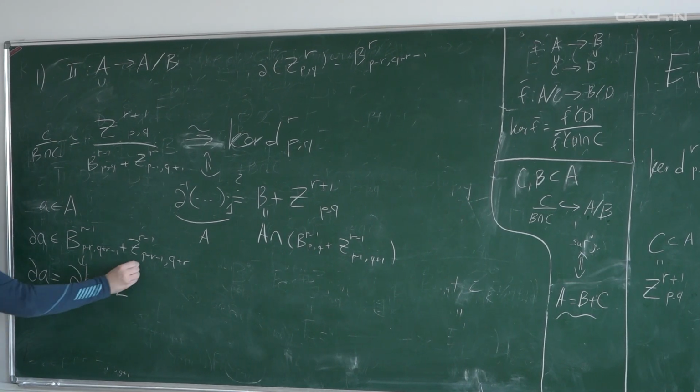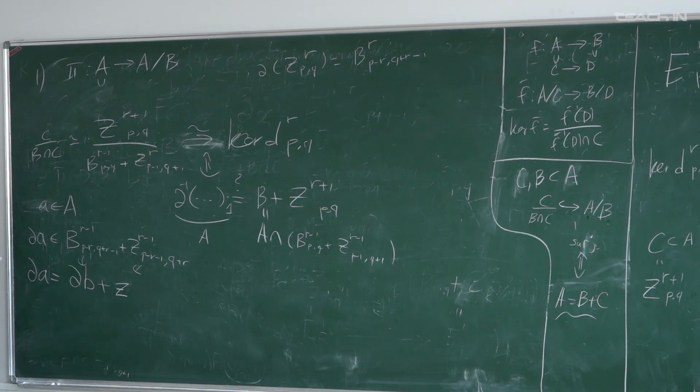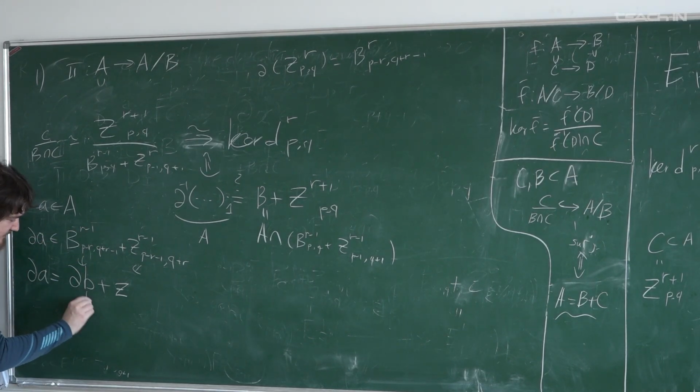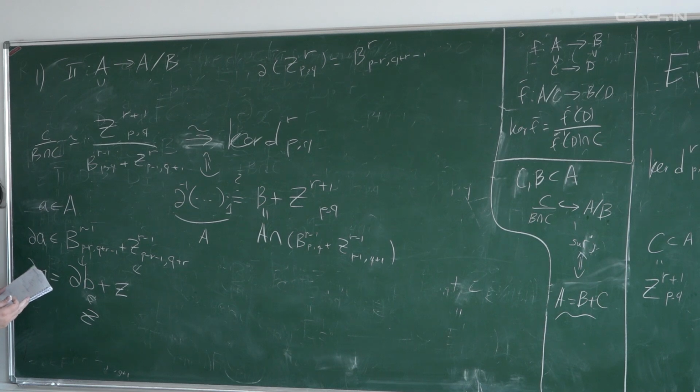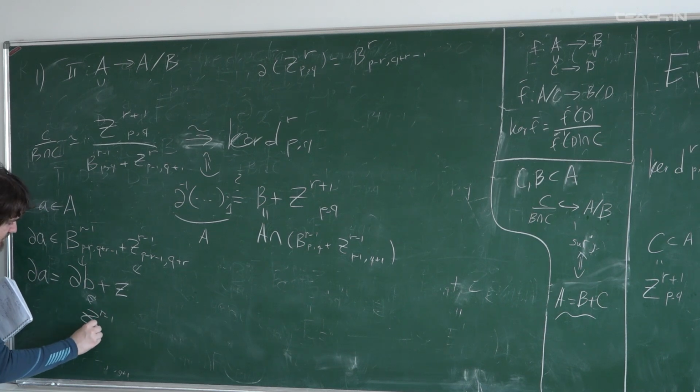This is from this. In fact, by definition, b is d of something, so b is from Z with the same numbers, R minus 1, P minus 1, Q plus 1.